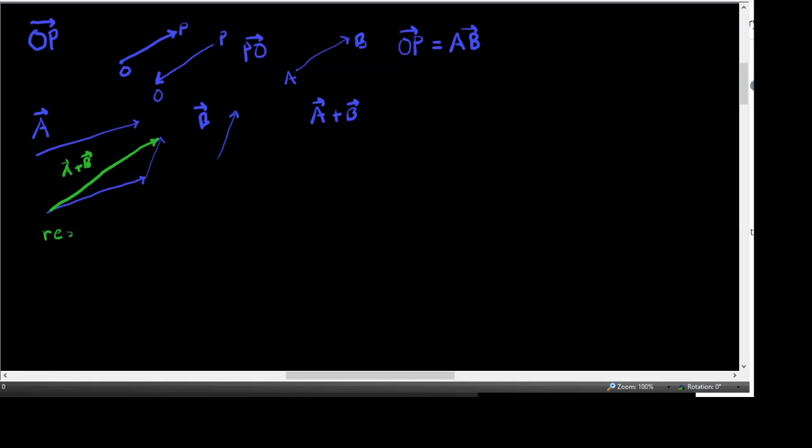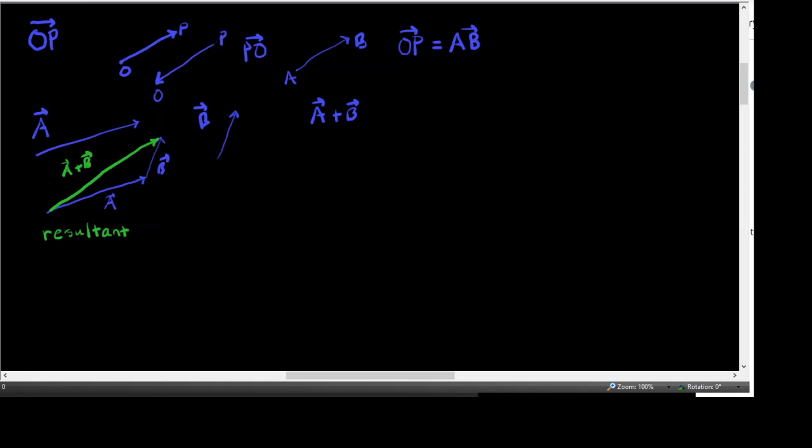It's the result of adding the vectors. It's called the resultant vector. So again, so that this is clearly labeled, this was vector A, and this is vector B.